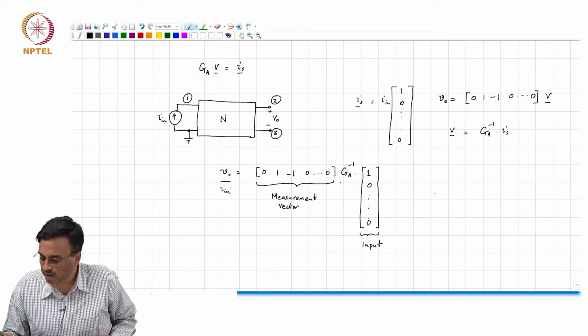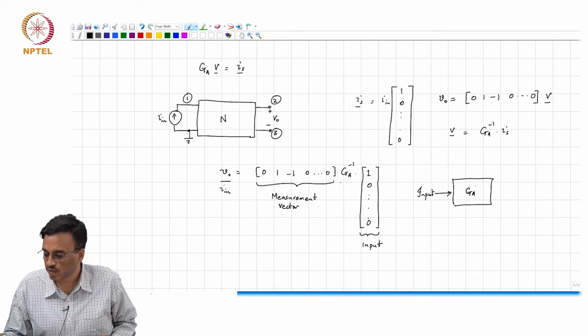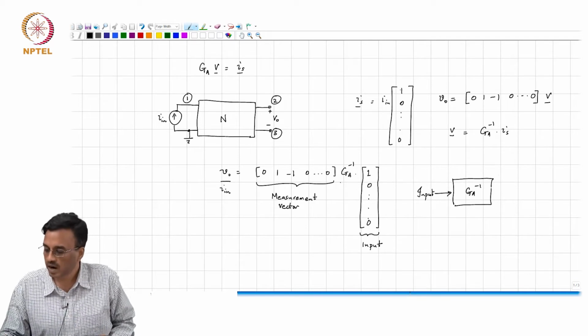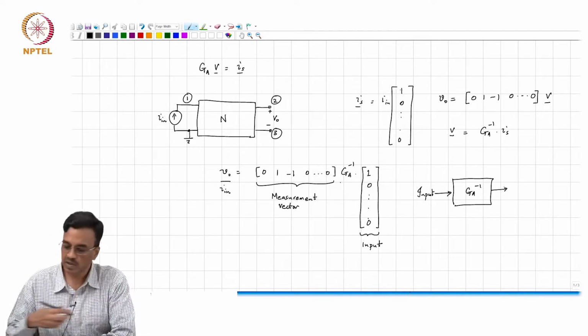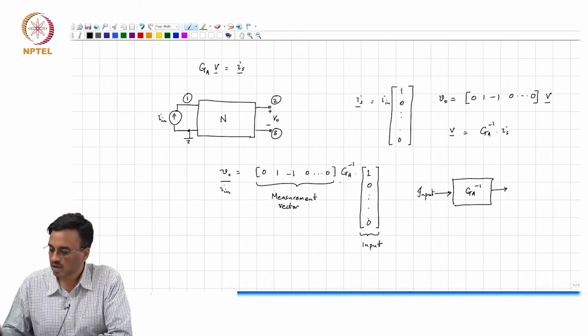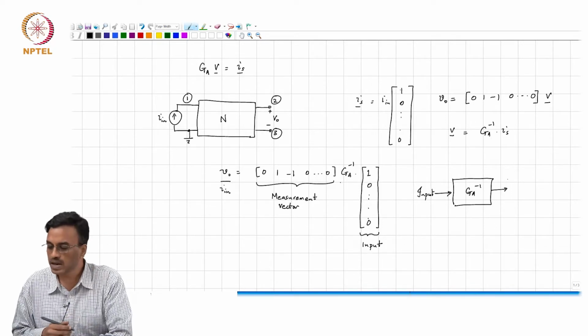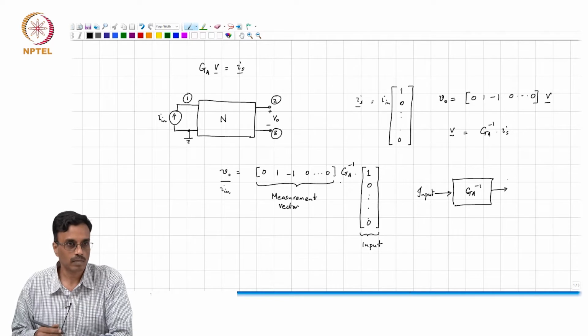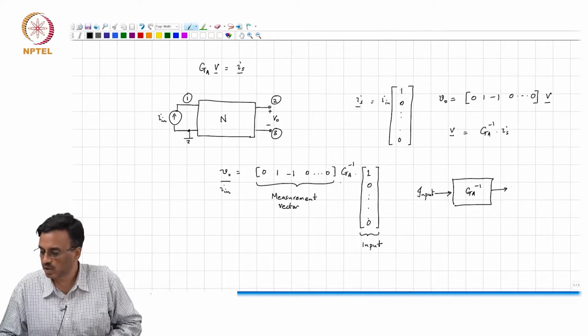You have the input, it gets multiplied by the matrix G_A inverse and produces an output, and then you multiply this by the measurement vector.